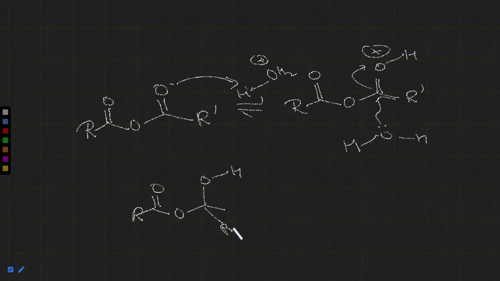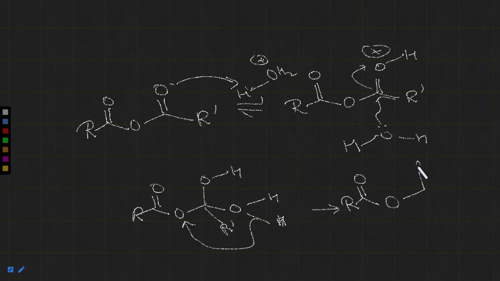We have R dash here, and we have OH here. Now an intramolecular proton transfer will take place and H will go here. Okay. So we have an OH here and we have an OHR dash here with a positive sign.